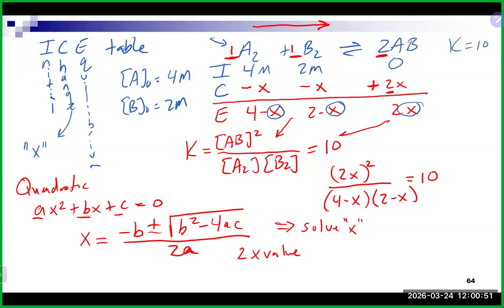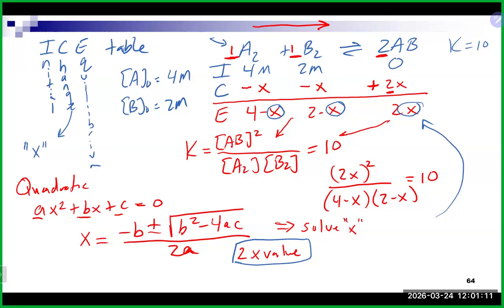When you use the quadratic, you'll get 2 x values, and with one of them, you'll put it back in and get a negative number, which obviously you can't have as a negative concentration. That's the one not to use, so you should use the other x value.